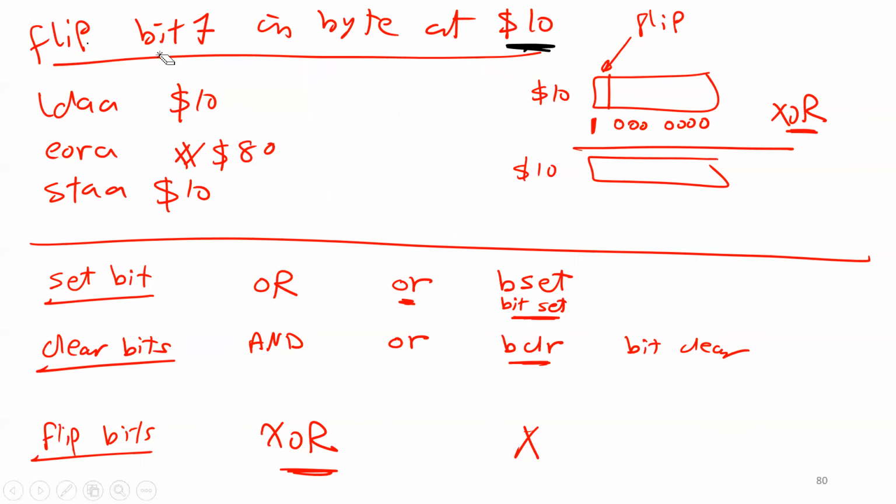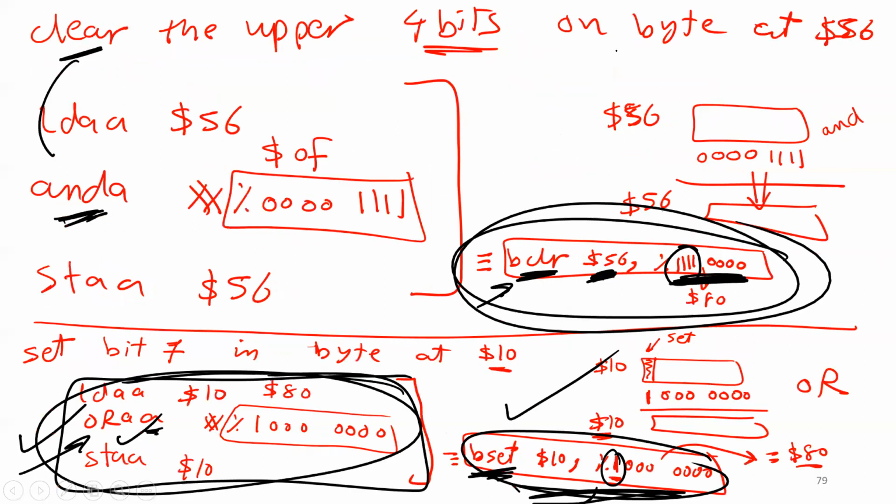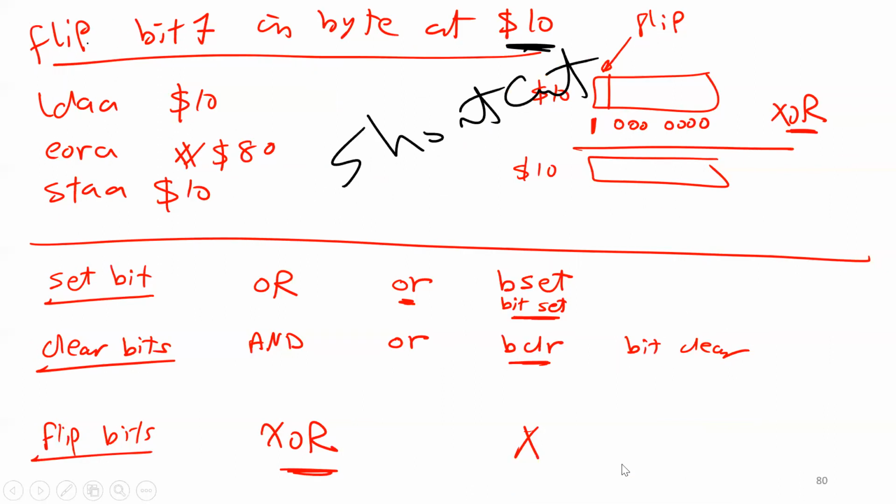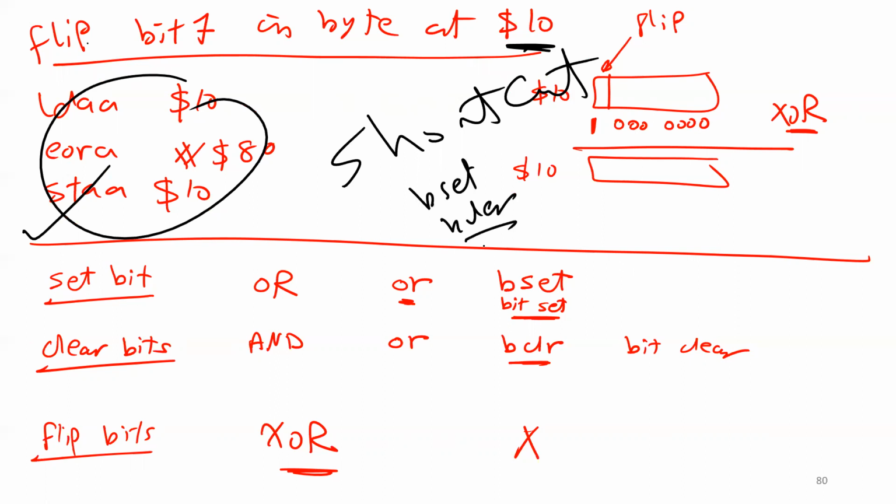However, we don't have a shortcut like bit set and bit clear. For flip, this is the only way we have in both C and assembly. So I don't have bit set or bit clear, and that's what I'm explaining here.